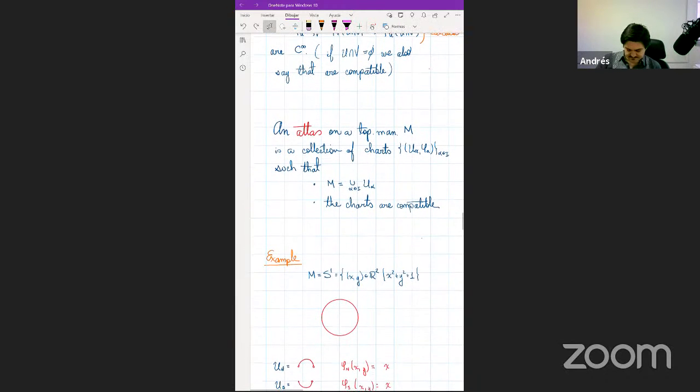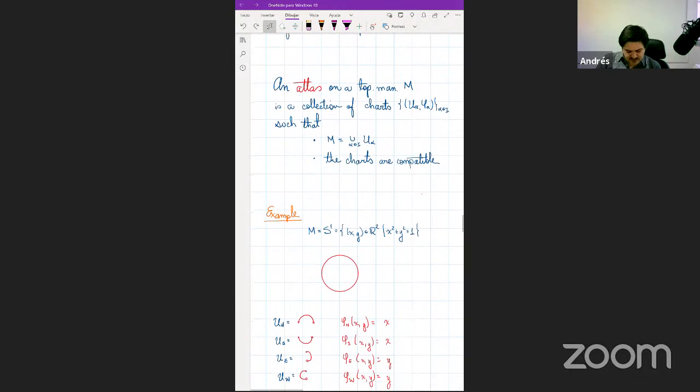So I'm going to take these 4 shards. So UN stands for the north part. Okay? So basically, I'm just projecting. This is my function.